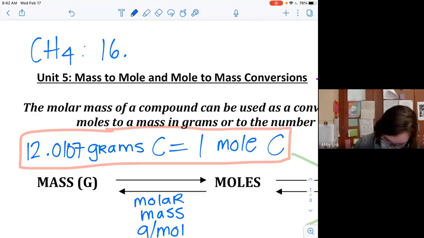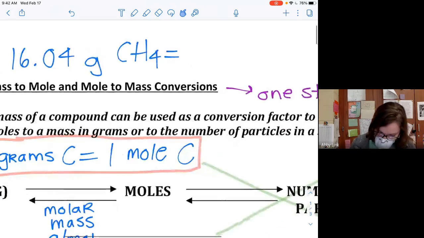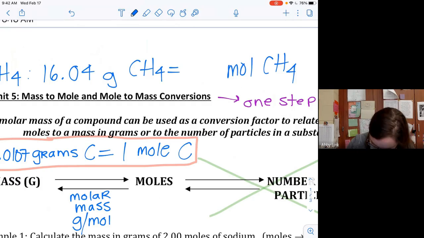So if I have 16.04 grams of CH4, what is that equal to in terms of moles of CH4? Anybody want to take a guess? It's equal to 1 mole. Yes, exactly, Chris. Very good.